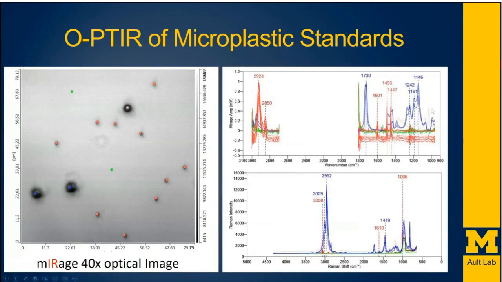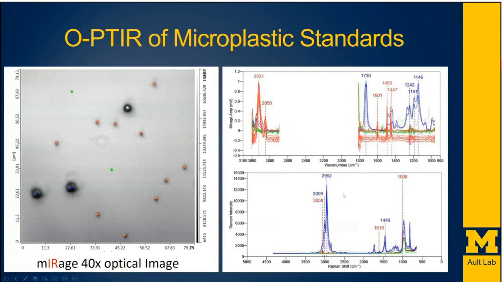Over on the right side here, this is using the QCL that has the CH stretching region, which is going to be really critical for our analysis, where you're able to identify these different polymers, the red, the blue, and the green. And the green are actually atmospheric particles that aren't microplastics.